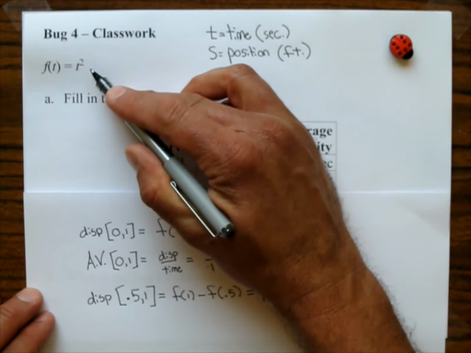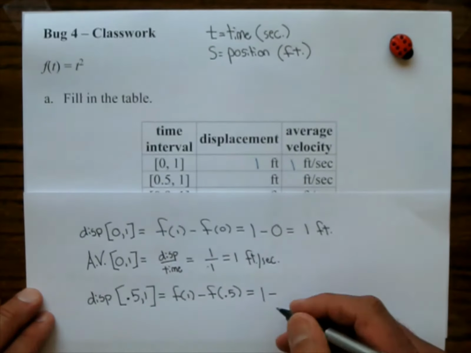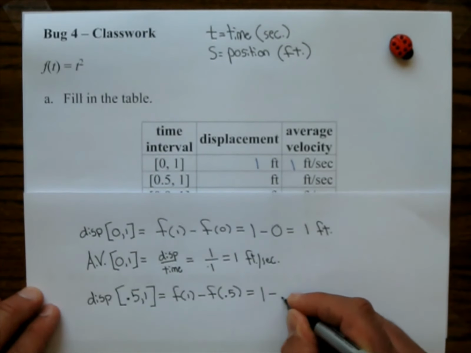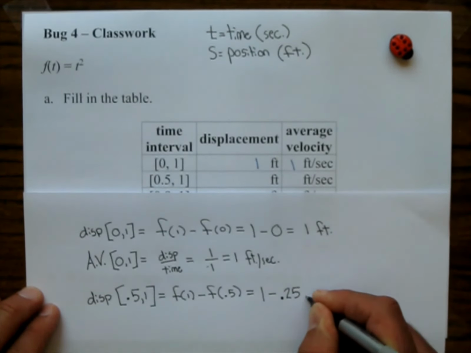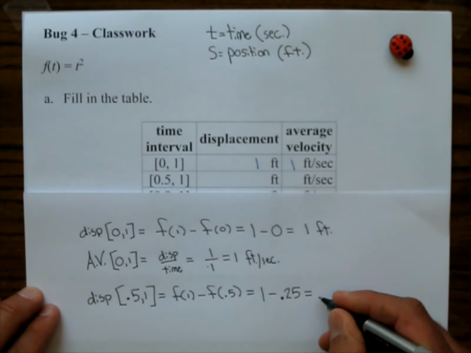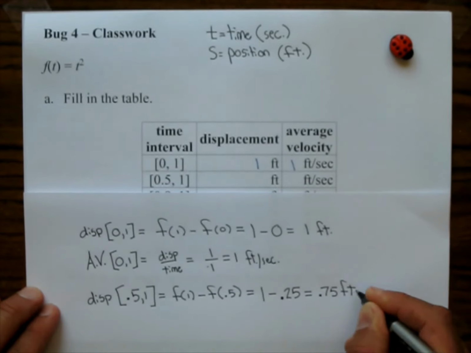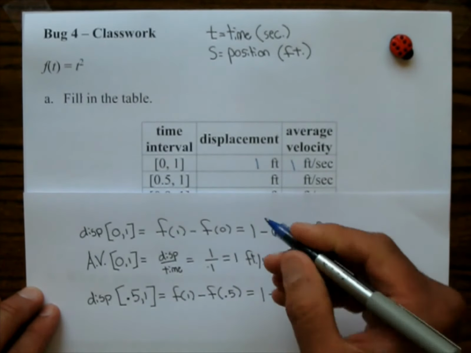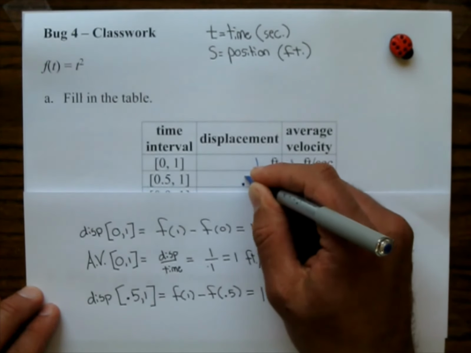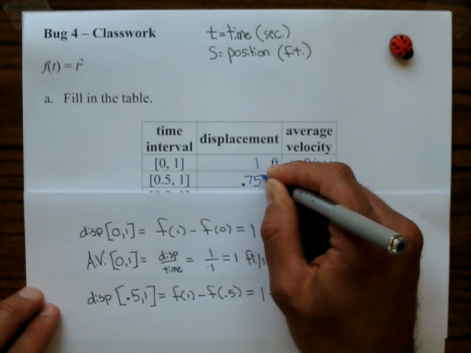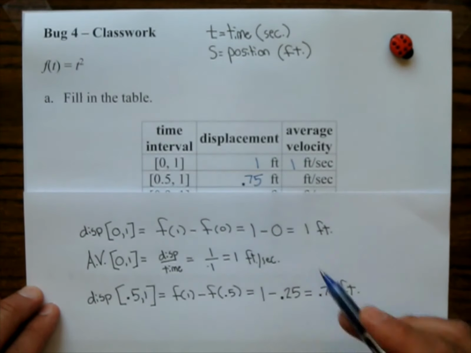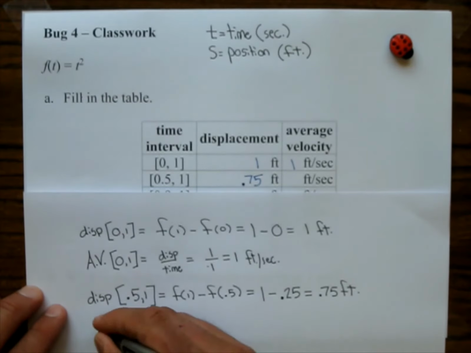You can take out your calculator and crank that out. What you would end up getting is 0.25. And so it looks like we're getting 0.75 feet for the displacement. So let's go ahead and write that right here. 0.75 feet.